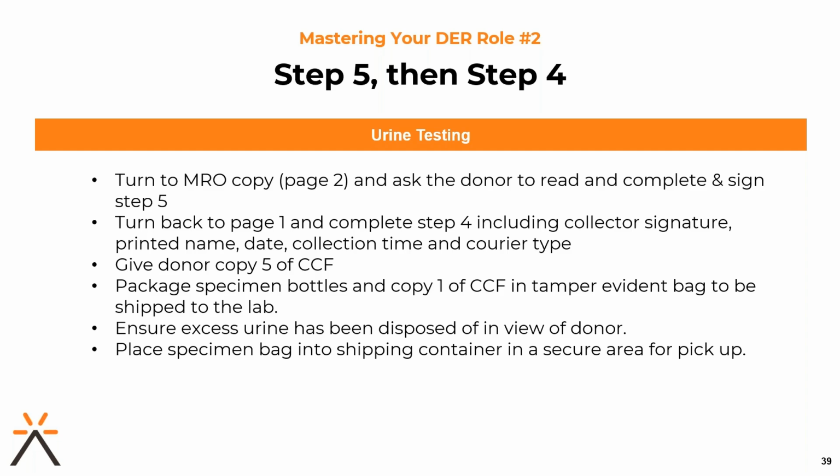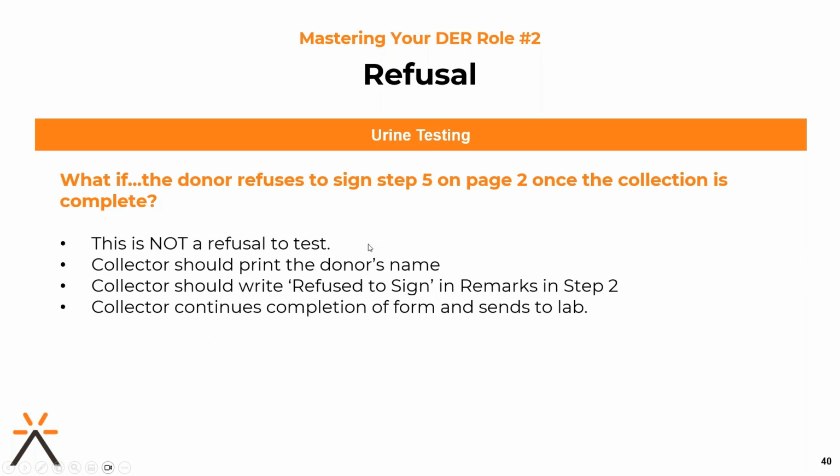So then the lab can't make any determination who that urine is for. We have them actually turn it to and sign step 5, date step 5. Then we actually turn the document back, and then the collector will sign and date it. They're also going to put the urine in a tamper evident seal or a bag, excuse me, and then put it in a secure location for pickup.